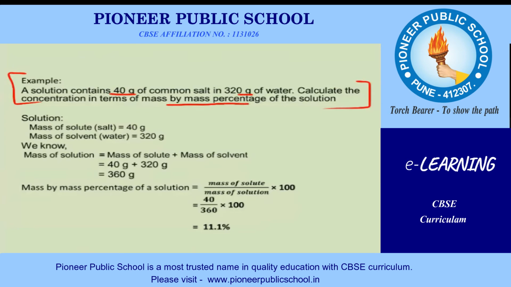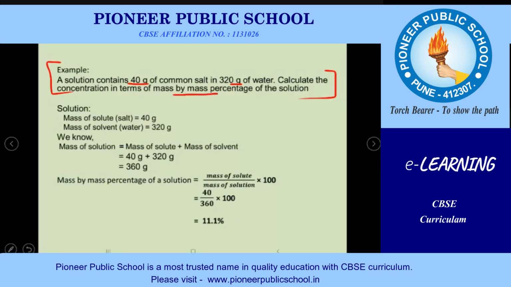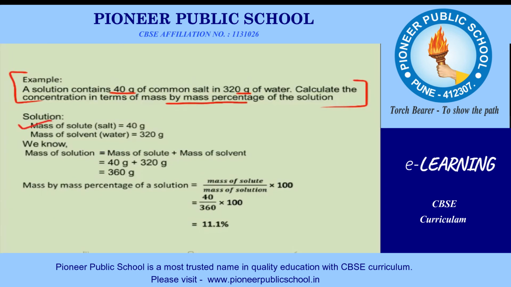In this question, they have asked us the concentration of the solution, to be derived using the mass by mass percentage formula. Now, dear students, what is given in this question? The mass of solute, that is salt, is 40 gram. Then the mass of solvent, that is water, is given as 320 gram.